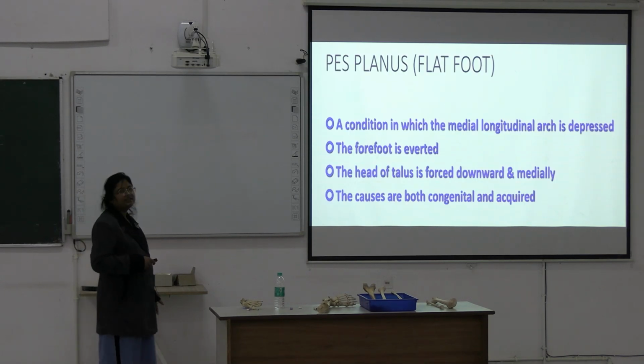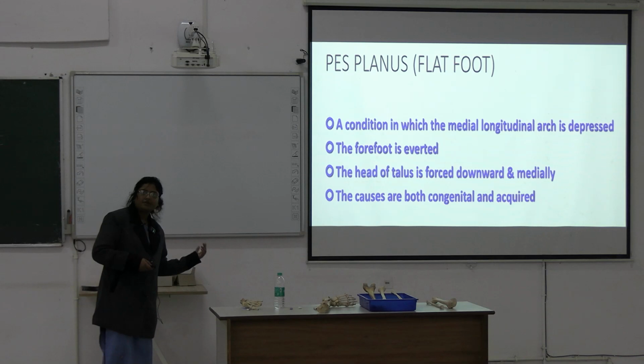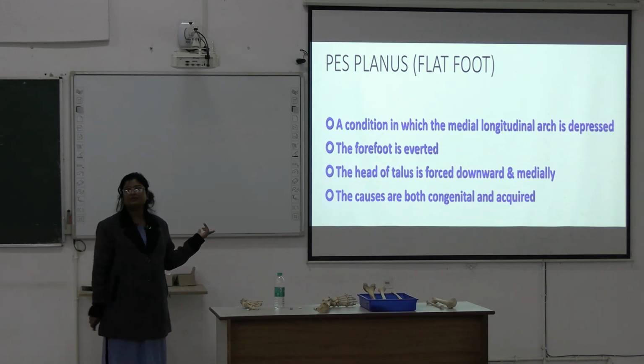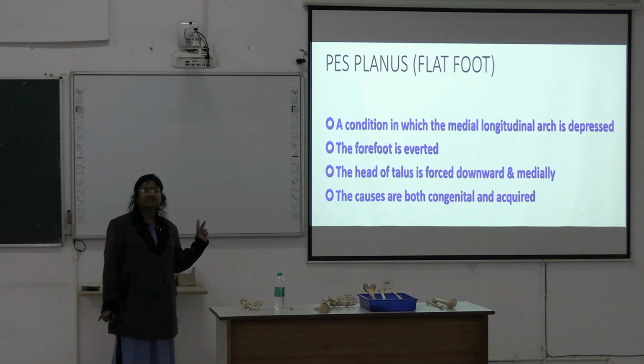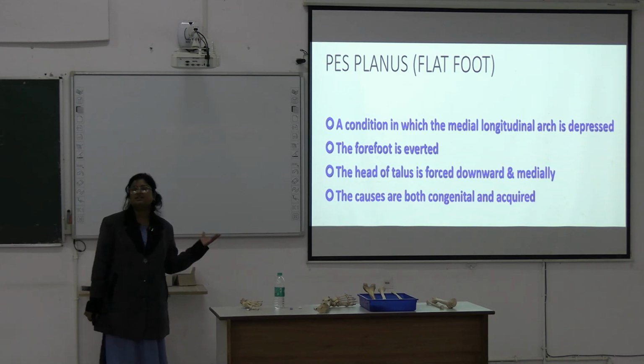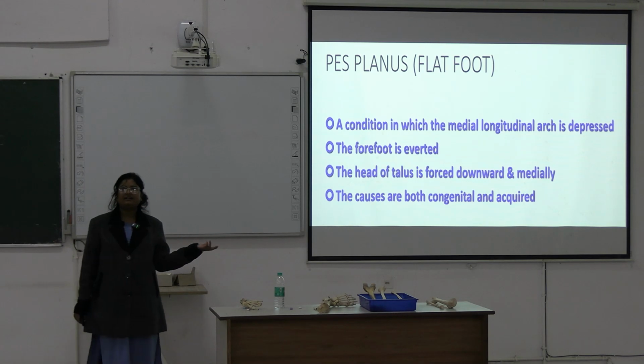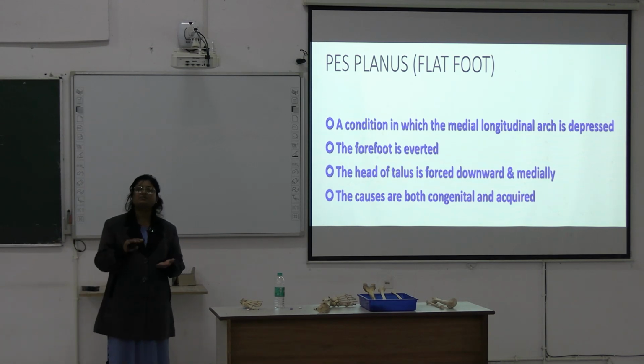we go to the clinical aspect. So, you have seen the factors maintaining different arches. You have to know the classification of arches: 2 longitudinal arches and 2 transverse arches. The 2 longitudinal arches are the medial and lateral longitudinal arch. Of the 2 transverse arches, the posterior transverse arch is half in each foot, and the anterior transverse arch, also known as the metatarsal arch, is formed by the heads of the metatarsals, okay.